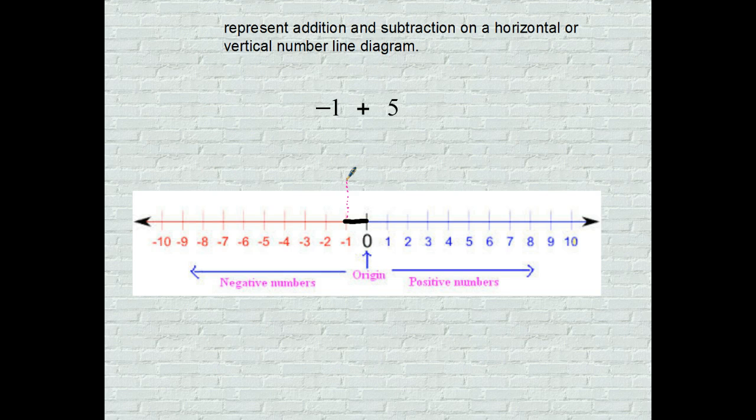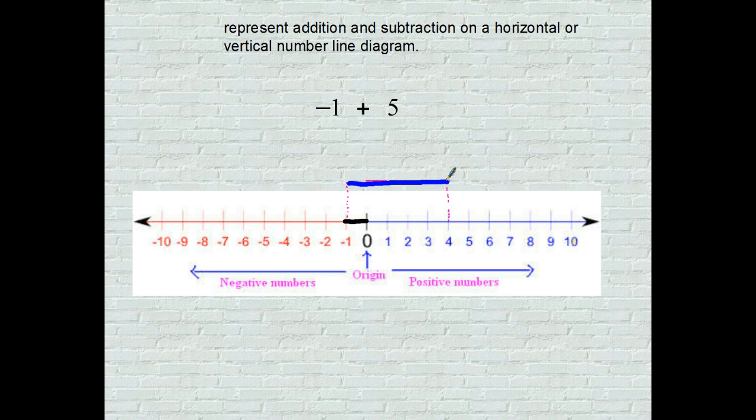Now what direction do we go? It says add positive 5. So adding 5 always means go to the right 5 units. So let's count it out from this spot. 1, 2, 3, 4, 5. And let's use that different color, maybe go blue.